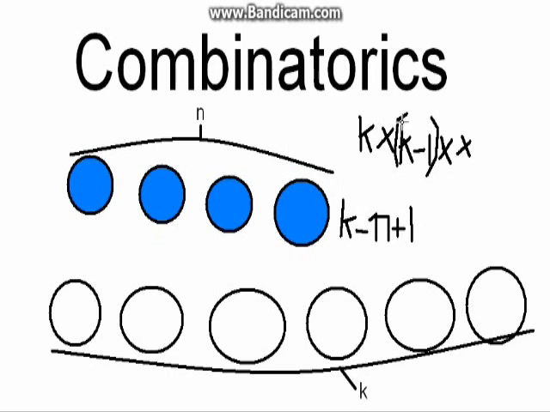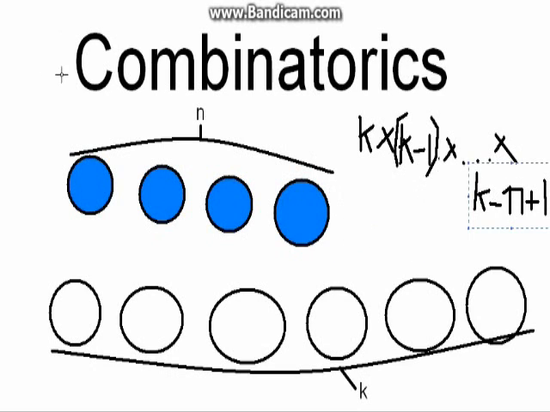Now, so we've got to go from k to k times k minus 1, and so on, and so on, and so on, until we get to times this thing, k minus n plus 1.